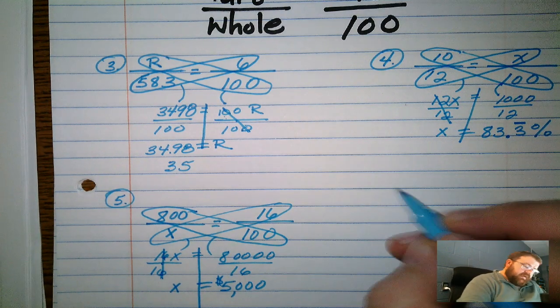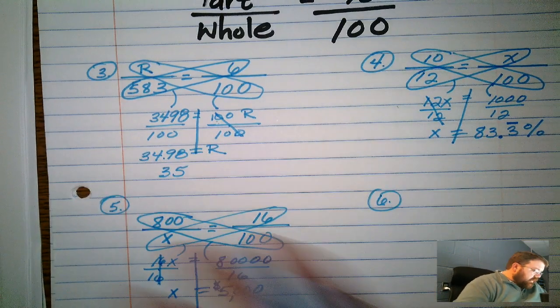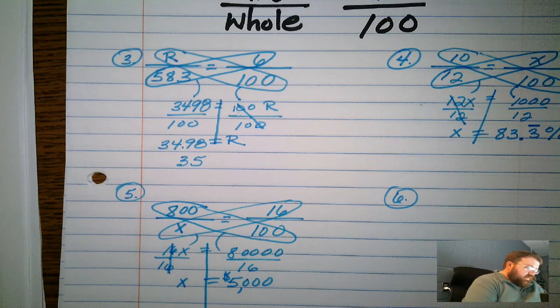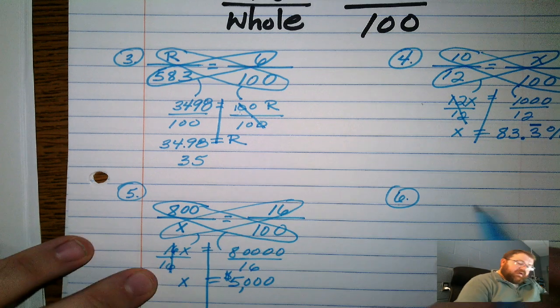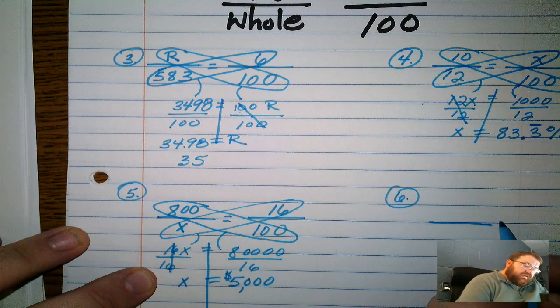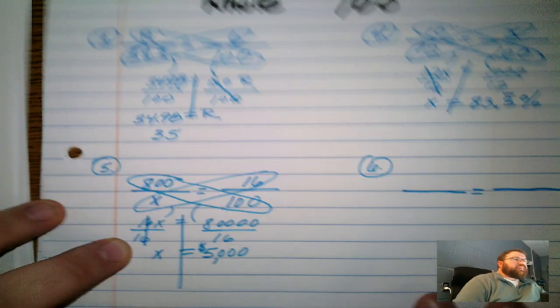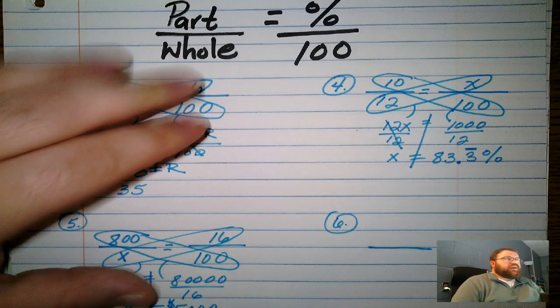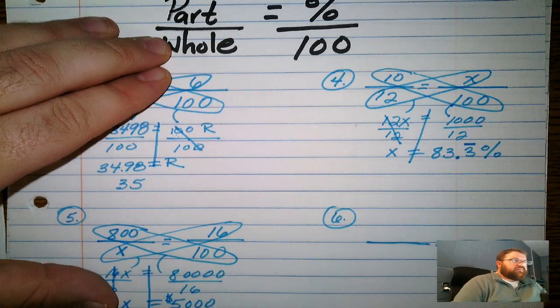Number 6. Number 6 says that Eddie is reading a novel for English class. He has read 173 out of 480 pages. About what percent of the book has he read? Okay, so we got 1 is equal to 1. We're going to make sure we're keeping up with the 100.